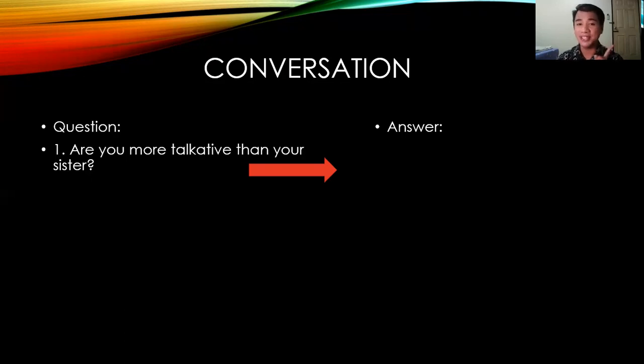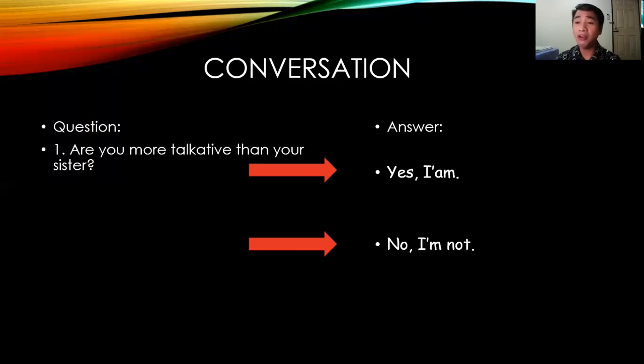The first answer is a positive answer. You can say, yes, I am, if you agree. Affirmative sentence, meaning there is approval. You agree with the question, are you more talkative than your sister? You agree? Yes, I am. But if you don't agree, what will you answer? You will say, no, I'm not, meaning you are not talkative.